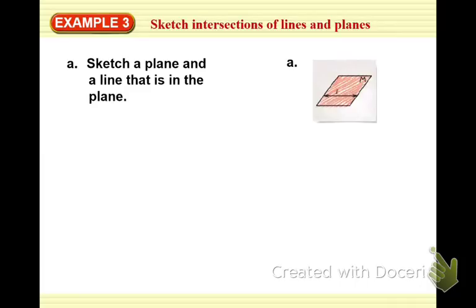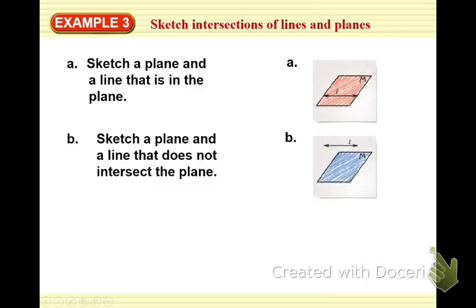Okay? It's kind of hard to see. It didn't specify the names of the plane or the line, so you can name them whatever. Here they're named plane M and line L, right? But just as long as your line is sitting in the plane, completely in the plane, then you're in good shape. Okay? Some of these can be kind of fun. Sketch a plane and a line that does not intersect the plane.